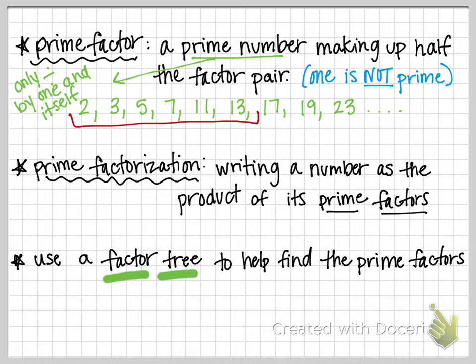So if you are ever asked to find the prime factors or give the prime factorization, you want to use a factor tree. Okay, that's what helps you figure this out. So we're going to do this on our next slide. We'll do some practice using the factor tree. Remember your prime numbers. Those are going to be what helps us make the factor tree, prime factors.